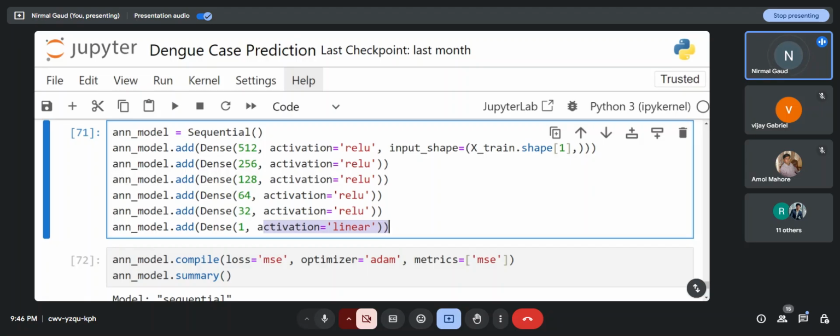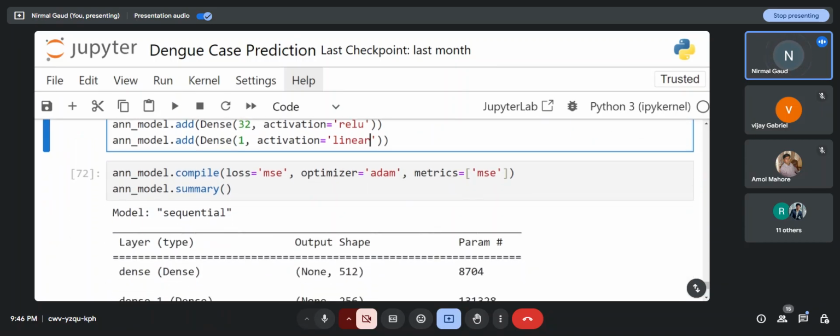So the cases will be either 0 or positive, cases will not be negative. I could have used ReLU here, not an issue. You can change it from your side. I just put linear, I think at that particular time linear came to my mind. You can check with ReLU also. ReLU is the rectified linear unit, a non-linear activation function.